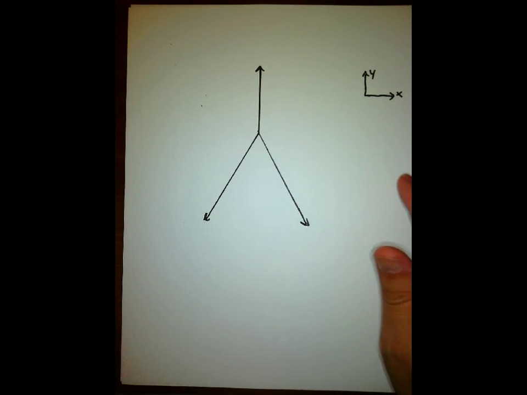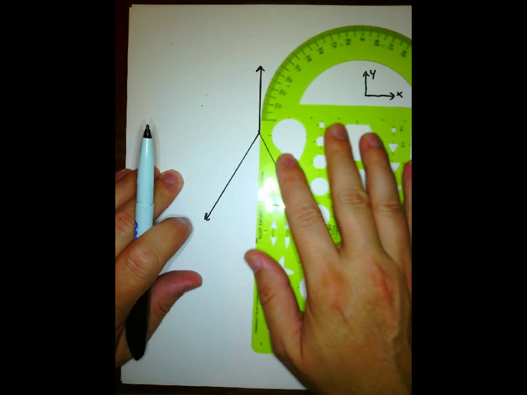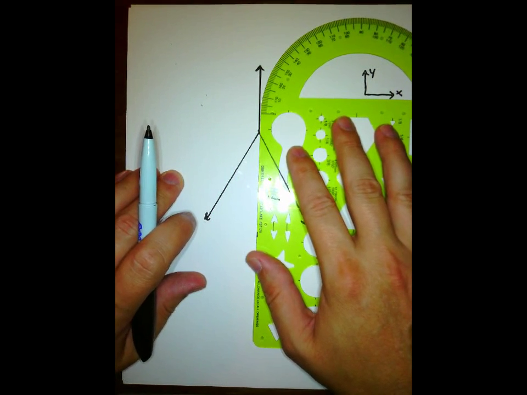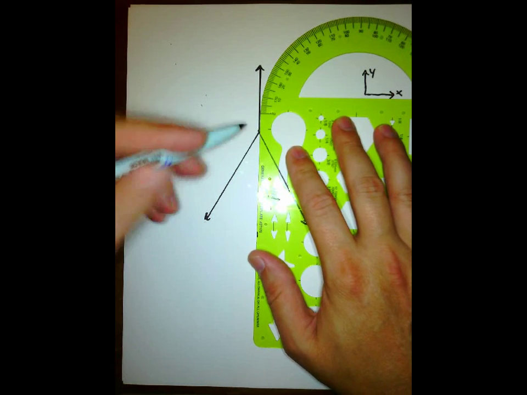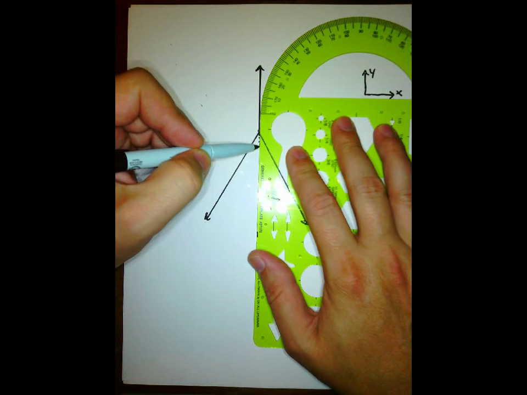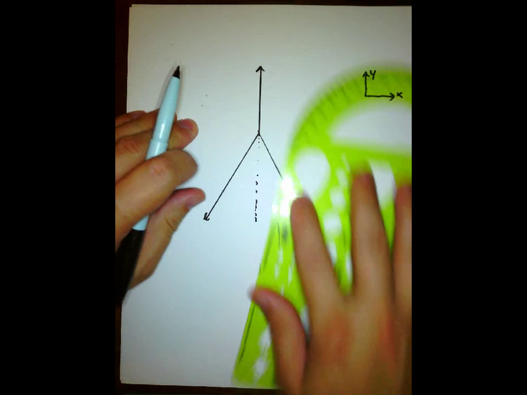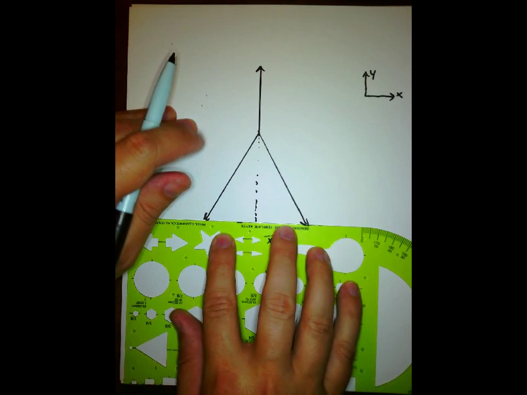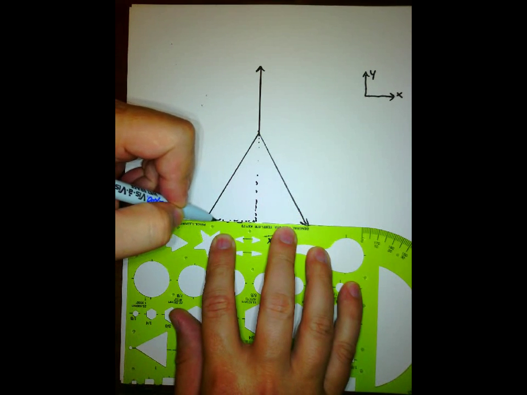And if we draw a triangle to split these vectors into horizontal and vertical components, I'm just going to draw a dotted line right here. These are the triangles we would draw. I'm not drawing vectors, I'm just drawing the sides of the triangle.